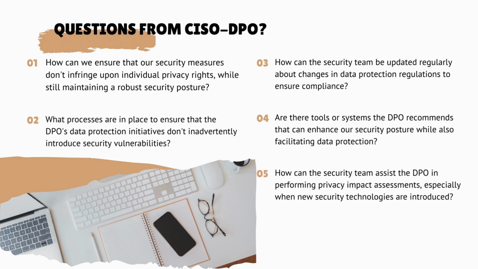Let's go one by one. Question number one: how can we ensure that our security measures don't infringe upon individual privacy rights while still maintaining a robust security posture? The second question is, what processes are in place to ensure that the DPO's data protection initiatives don't inadvertently introduce security vulnerabilities?